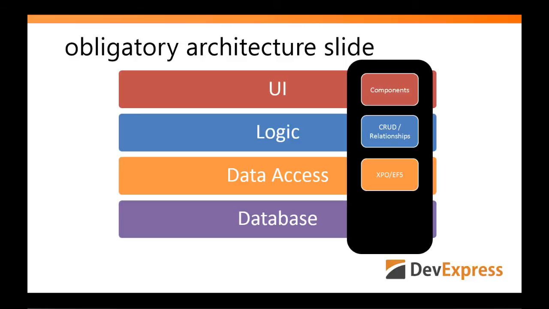For us, you can use XPO or Entity Framework 5 when it comes to XAF. I mean, it's literally writing SQL statements and pushing it back and forth from the database. And now when it comes to databases, really, a database is a database. The point of XAF is to write all of that stuff for you.